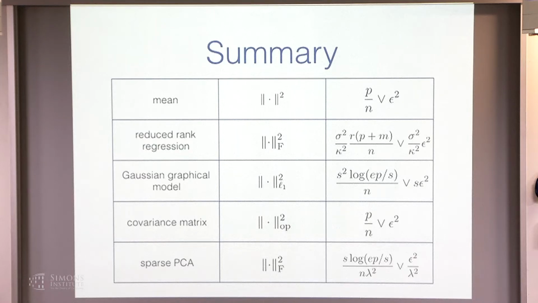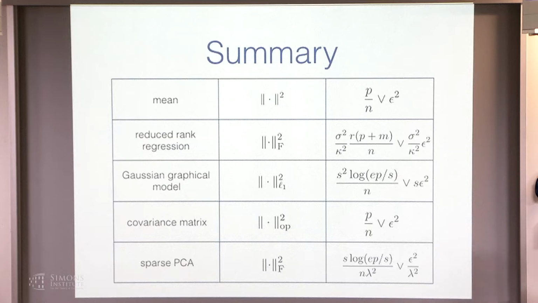For example, you can do that for reduced rank regression, Gaussian graphical models, and even sparse PCA using depth functions. And for all these problems with respect to different loss functions, you can achieve the exact minimax rates of the problem by using depth functions in different ways.